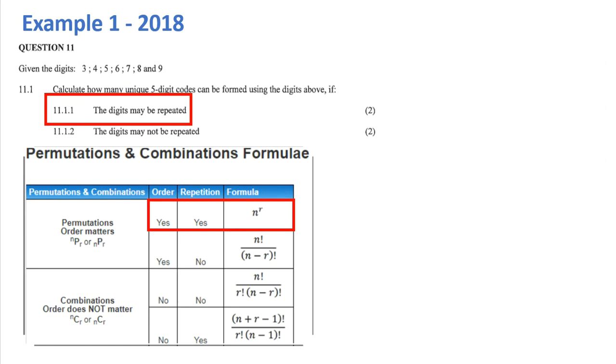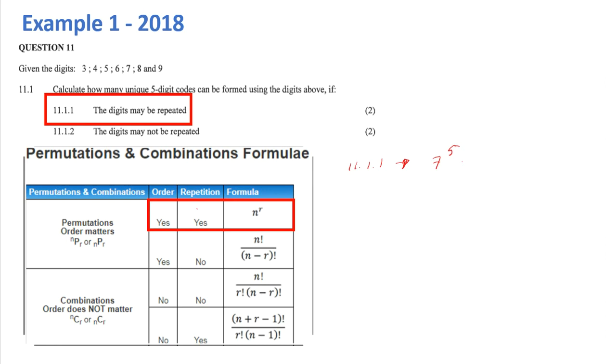So digits may be repeated, so you're assuming order is important and repetition is allowed. All it is for 11.1.1 is that the total number of codes that can be generated is 7 to the power of 5.